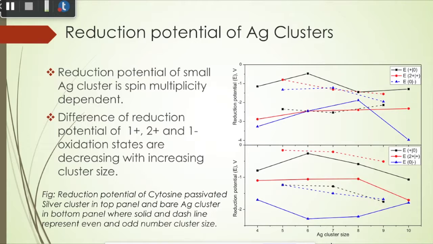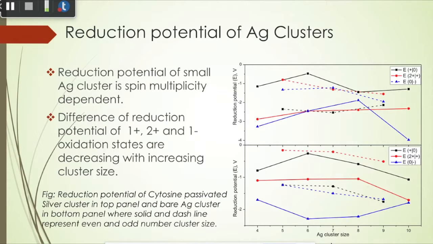So when the cluster reduces from doublet multiplicity to singlet multiplicity, it shows a very high reduction potential. That means it's favorable to reduce this one. And in the odd-number cases, it's the opposite way.